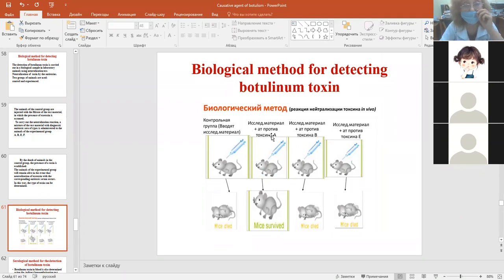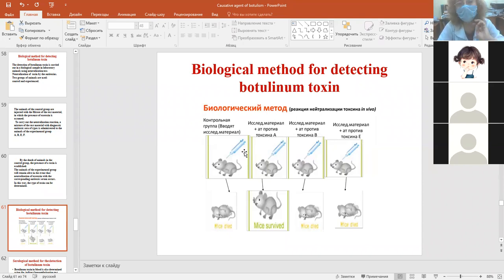Why is it important? Because for treatment of botulism, the first task is to neutralize exotoxin, and it is possible to neutralize exotoxin just by using antitoxic serum of the proper type. Before we detect what type of botulotoxin is circulating, a mixture of these antitoxic sera is used, including A, B, E, F sera.